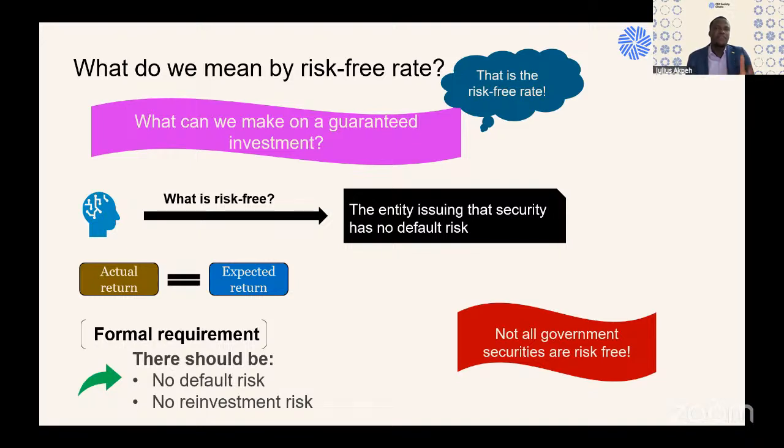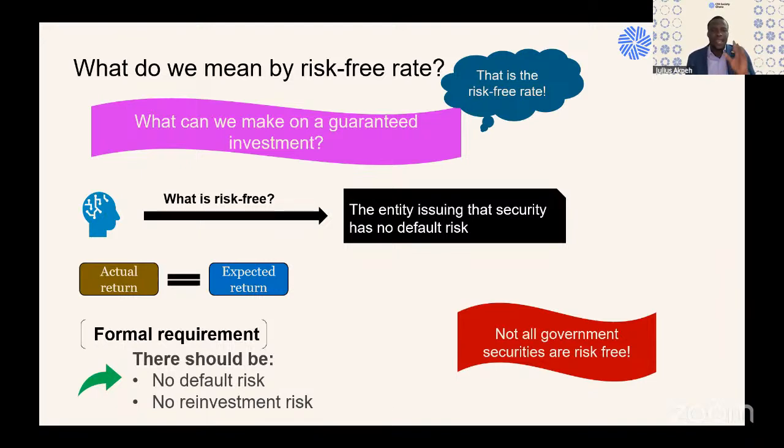The government failed to meet its obligations and had to restructure the instrument. So that's a default. But suppose there's not even a default. Suppose the Government of Ghana had never defaulted. Can we still say that it's a risk-free instrument issuer?